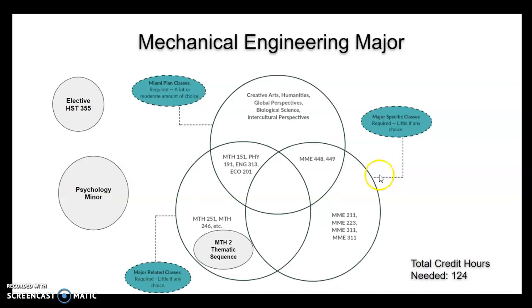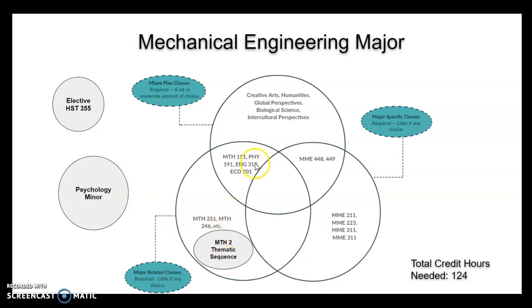All right, another example. So here's mechanical engineering. Again, I'm listing mechanical engineering classes that are not Miami Plan. These are mechanical engineering classes that are Miami Plan. They're the capstone, and capstone is part of Miami Plan. These classes right here, they're required. They're outside the mechanical engineering department, but they're not Miami Plan classes.